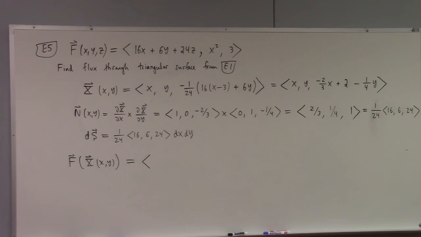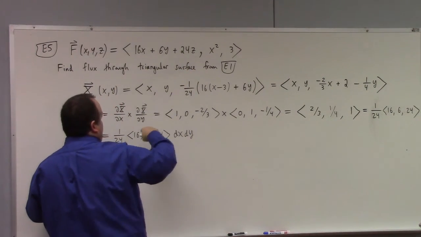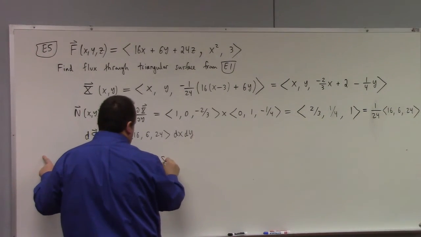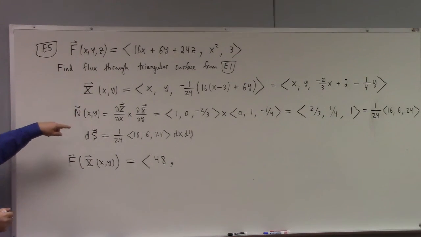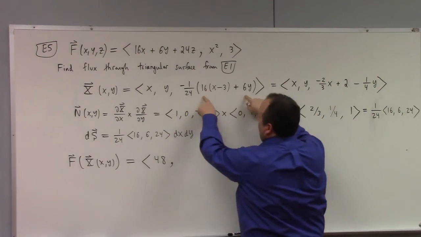So I know that if I plug the parameterization for the surface into the vector field, this first thing will work out to 48. And you can try plugging in the formula x of xy. You can plug in x for x, y for y, and put 24 times this, and maybe you can even see it.